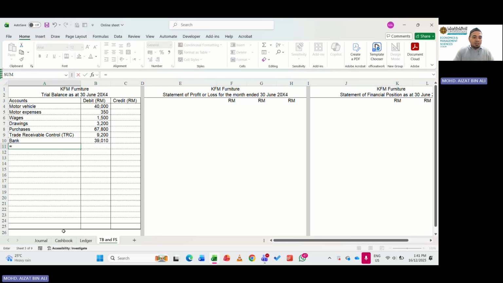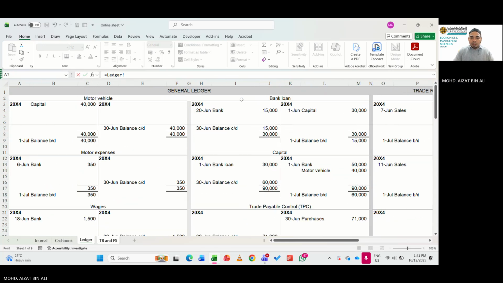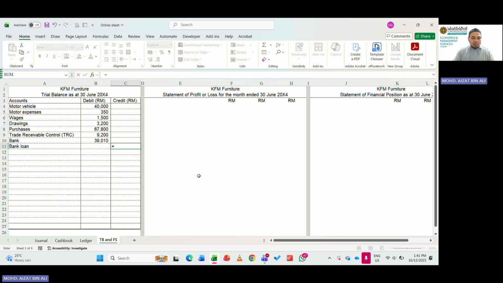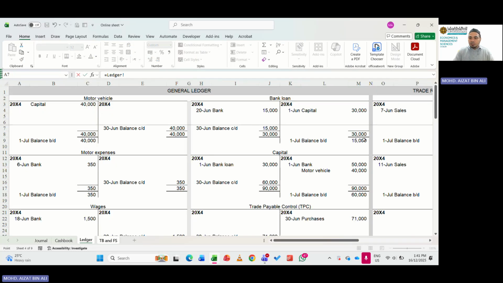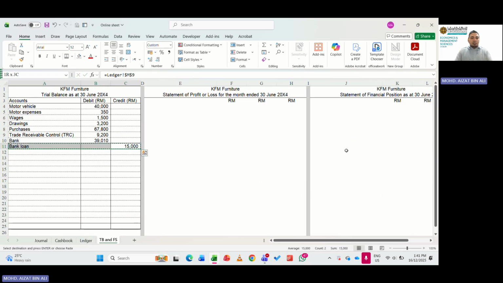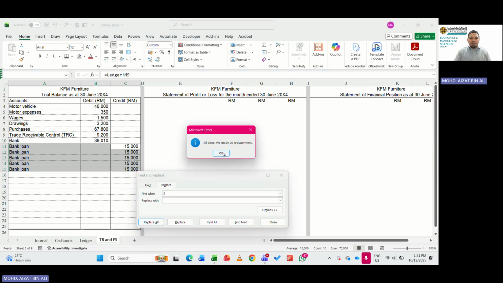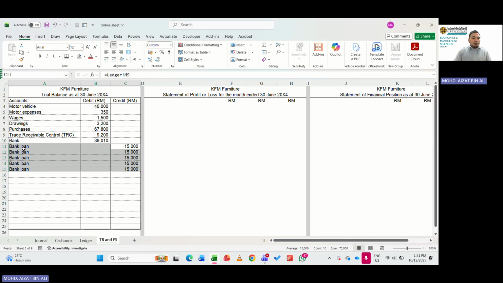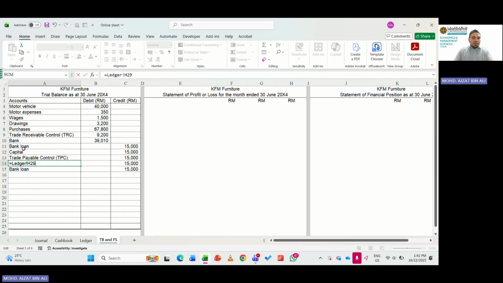Now for the credit accounts, let's go to the ledger. The bank loan, absolute reference. On the credit side are the balances. Let's repeat the same thing and remove the absolute references from the formula, and we just update the relative references: 11, 20, 29, 38.